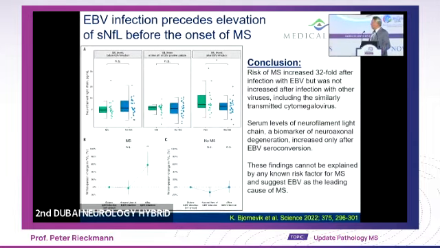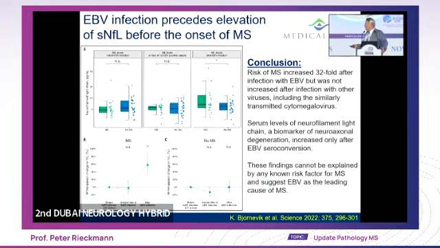What was even more interesting is how the serum neurofilament light chain behaved over time. And we know that this seems to be a marker of neuronal destruction, a neurodegenerative marker associated with axonal damage, which we can measure in the periphery, in the serum.